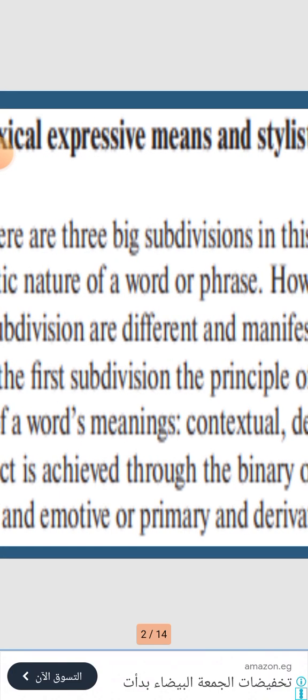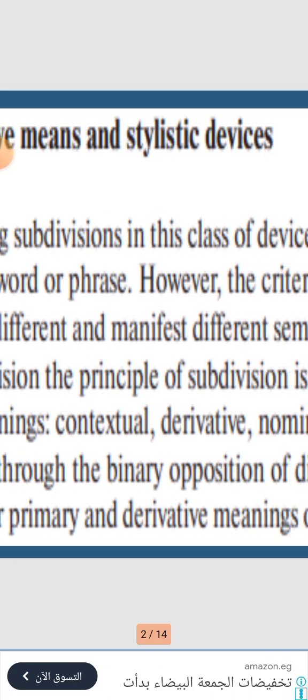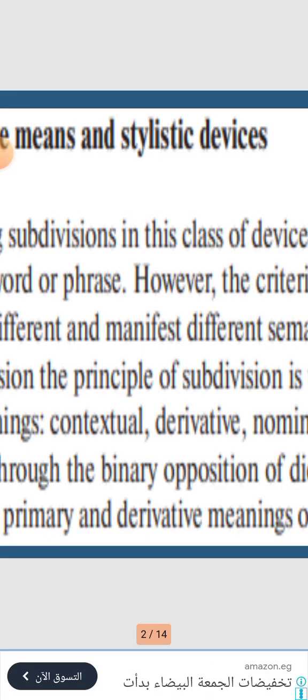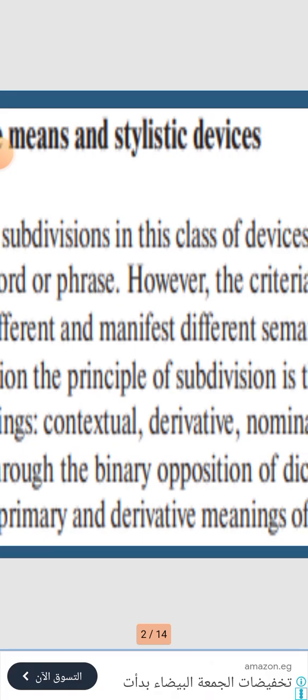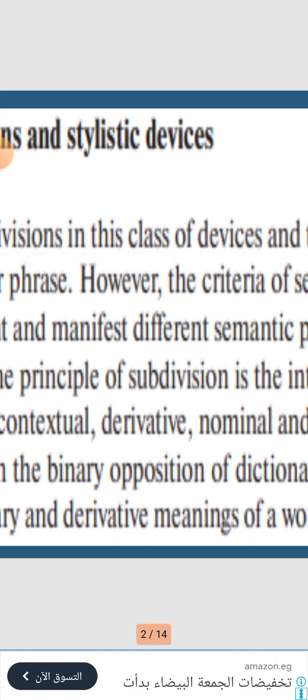So there are three big subdivisions in this class of devices, lexical expressive devices. They all deal with the semantic nature, the meaning of a word or a phrase.